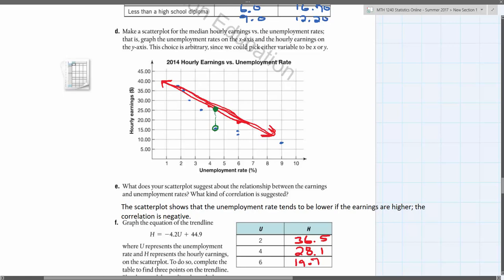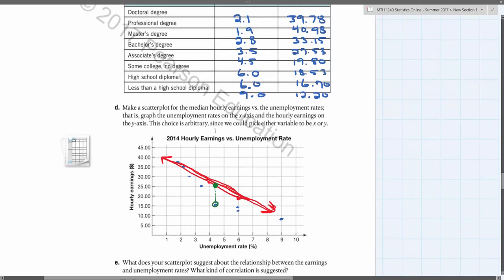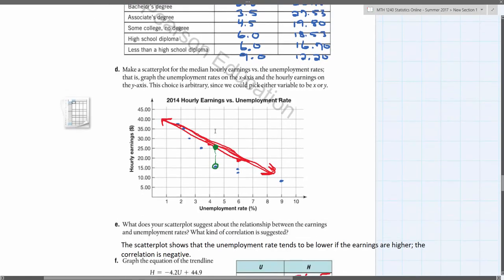So this point has an x value of 4.5, and this point also has an x value of 4.5. I know the y coordinate of this one was 19.8, and I'm getting that from my table.